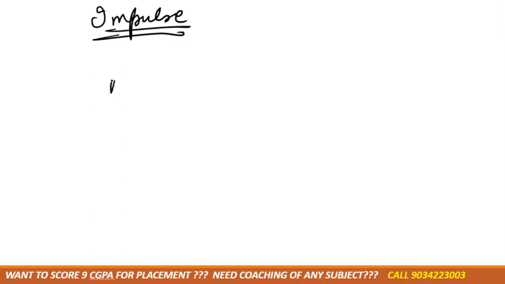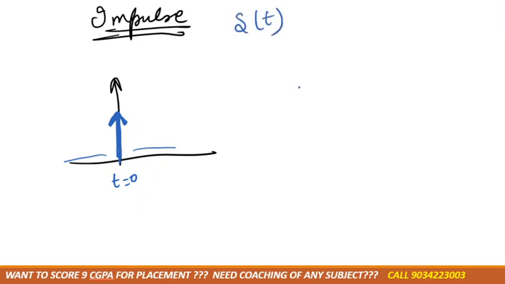For the impulse function, at t equal to 0 we will get an output. At t equal to 0 there is output, not before that, not after. So the impulse is represented by delta of t.